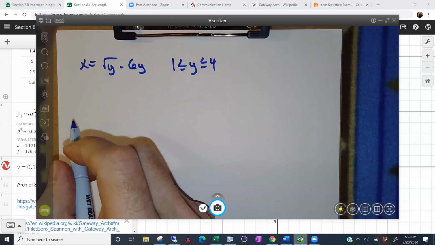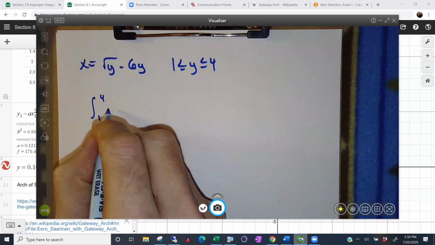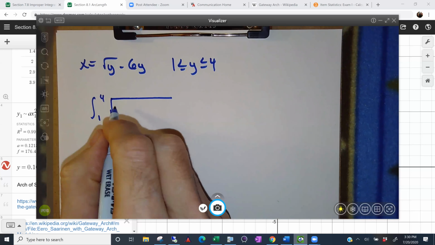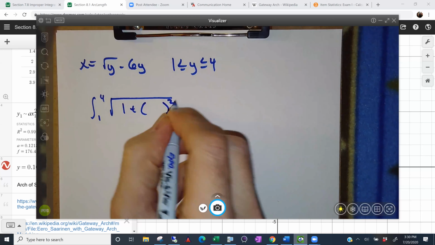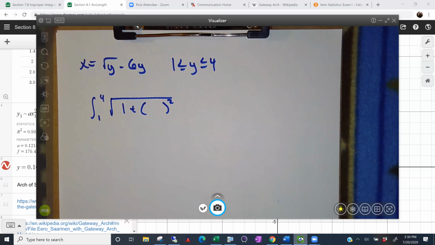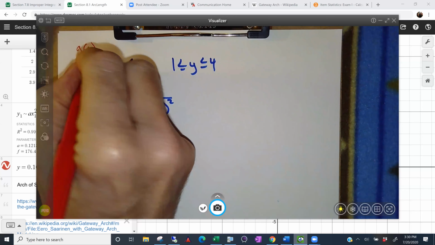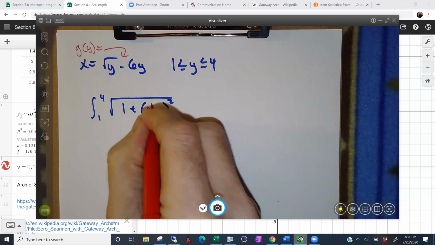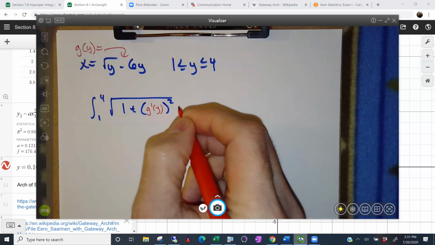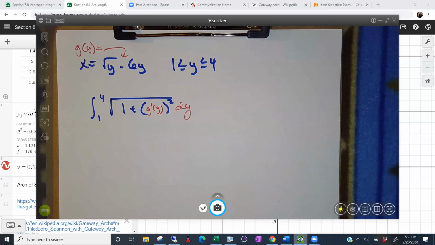Well, what we're going to need to fill in is the integral from 1 to 4 of the square root of 1 plus something squared. Now let's call this function, say, g of y. Call that function g of y. Then what I'm going to need here is g prime of y squared, and then dy. That's what I'm going to need.